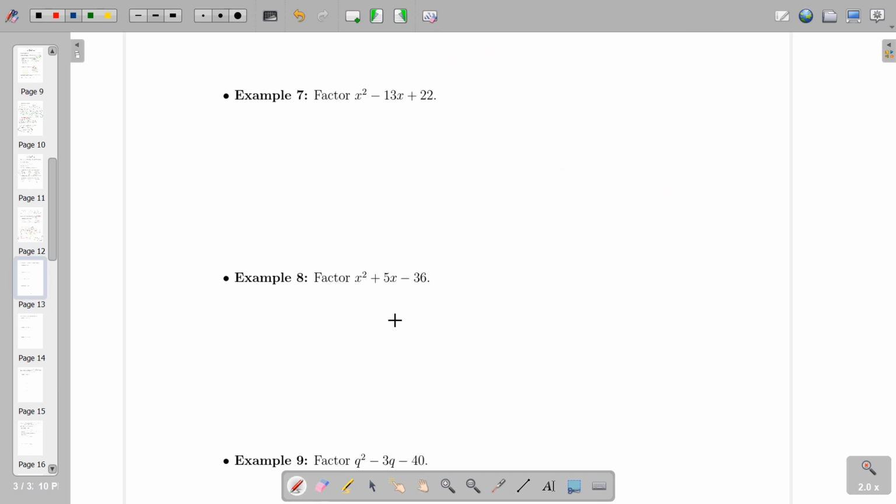Okay, but a different scenario we haven't seen yet is what happens when the middle term is negative and the last is positive. So I'd say, all right, I want x times x. Now, the last times the last has to make positive 22.